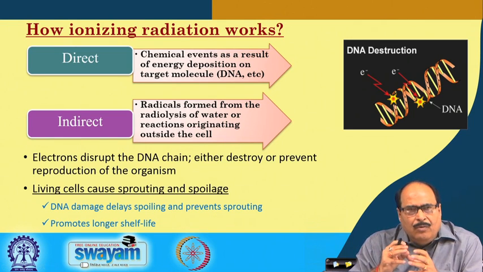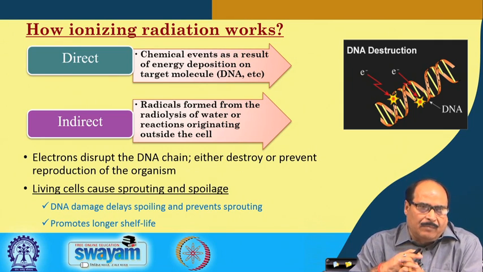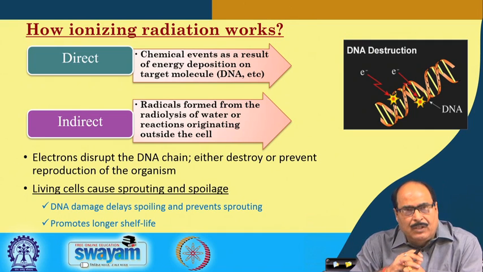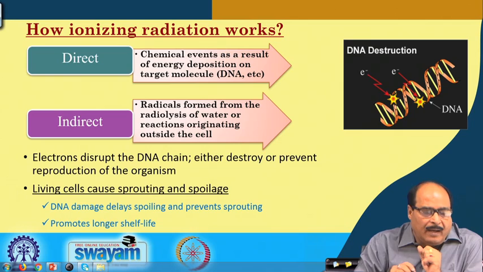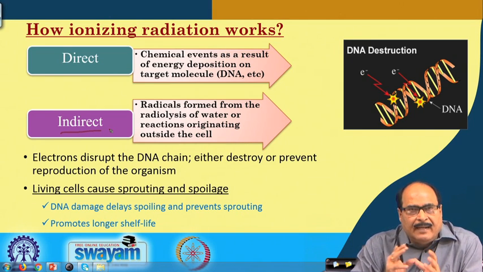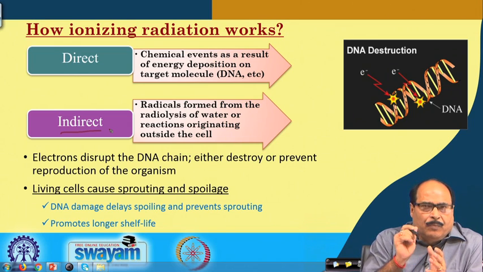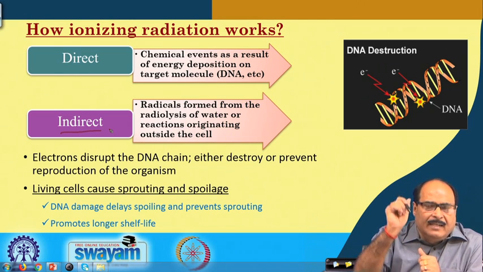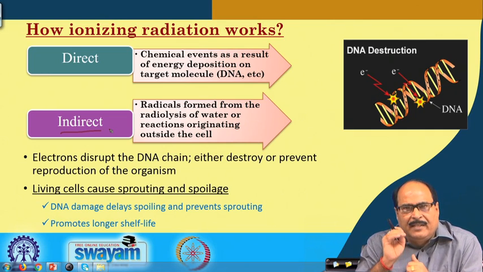Now, let us see how this ionizing radiation works. Two mechanisms of their action have been proposed: one is the direct action mechanism, another is the indirect action mechanism. In the direct action mechanism, it is assumed that the radiation directly hits the target, that is maybe the genetic material or DNA of the molecule.